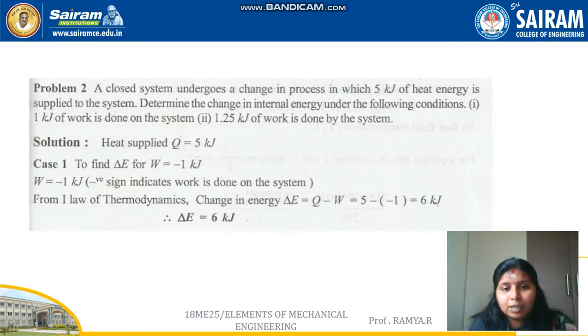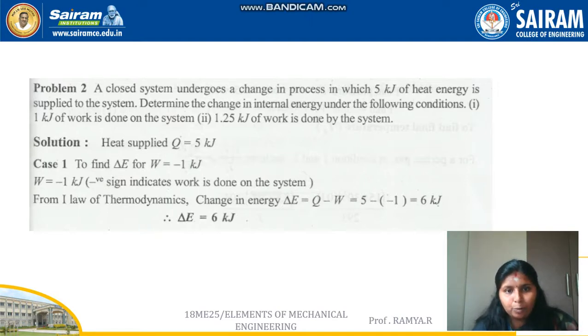Similarly, for the second case, it is 1.25 work done by the system. Work done by the system means the system is giving out the work, so the work will be positive, plus 1.25. When we subtract, 5 minus 1.25, we get the change in internal energy.